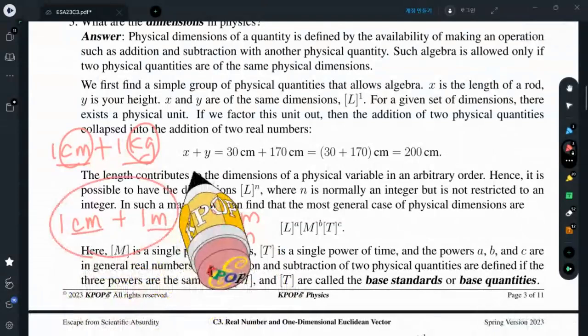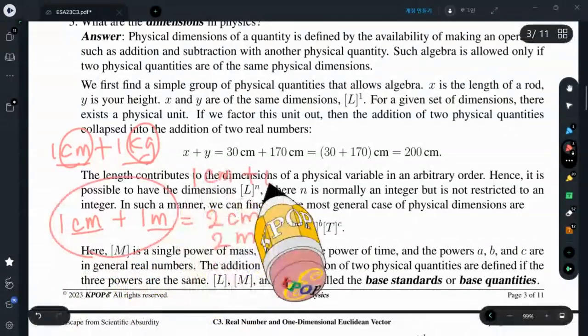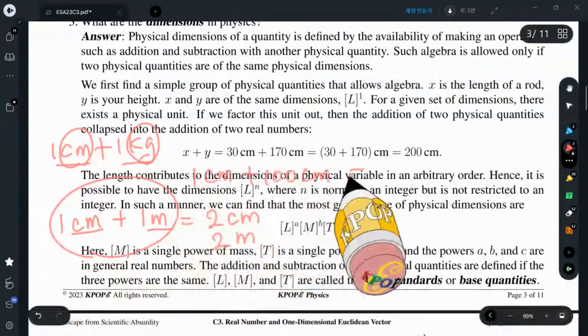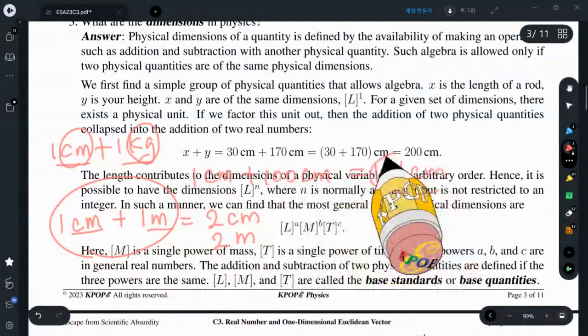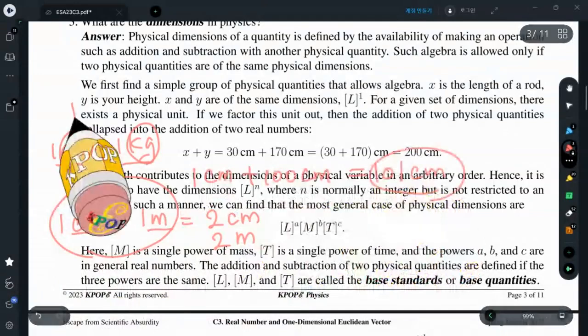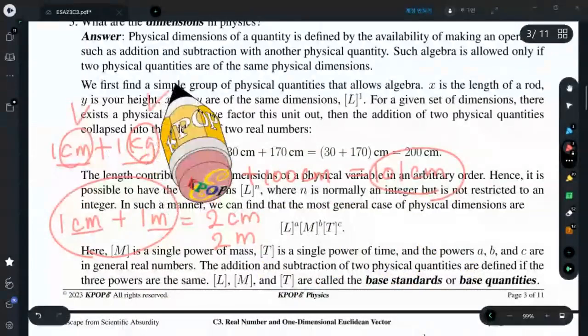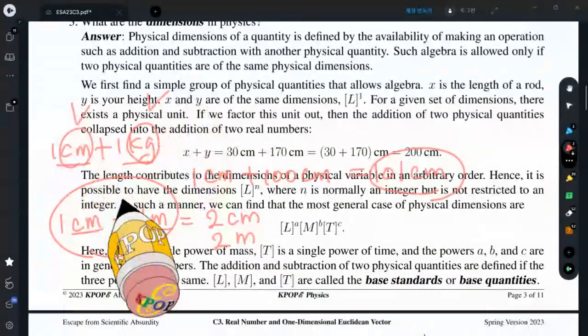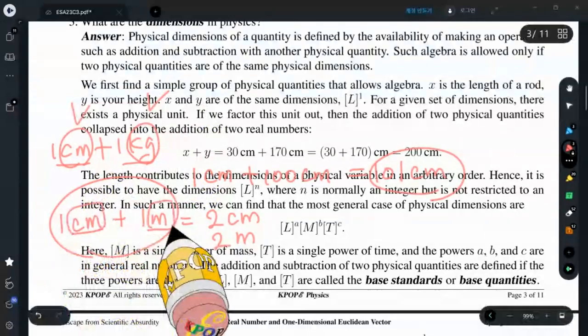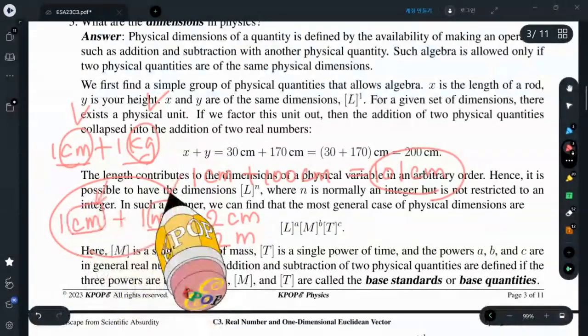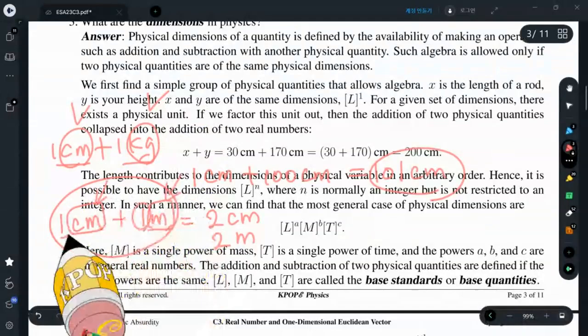So it is 1 centimeter plus 100 centimeter. So I have 101 centimeter. That's correct. So first of all, dimensions must match each other. Even if dimensions are the same, the unit should be unified to make a simple operation.